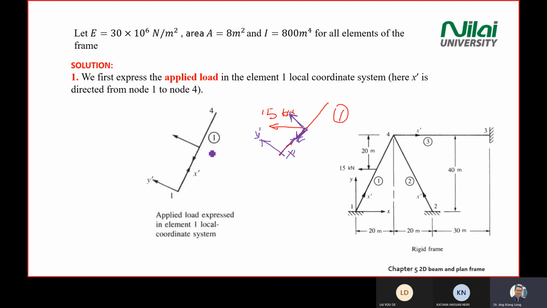On the left-hand side here is actually this component. This one is this one. And then in the beam, we know that the x direction force doesn't create anything in our system. So you see there's a small arrow here. This small arrow is this one, the x prime direction. You understand now?